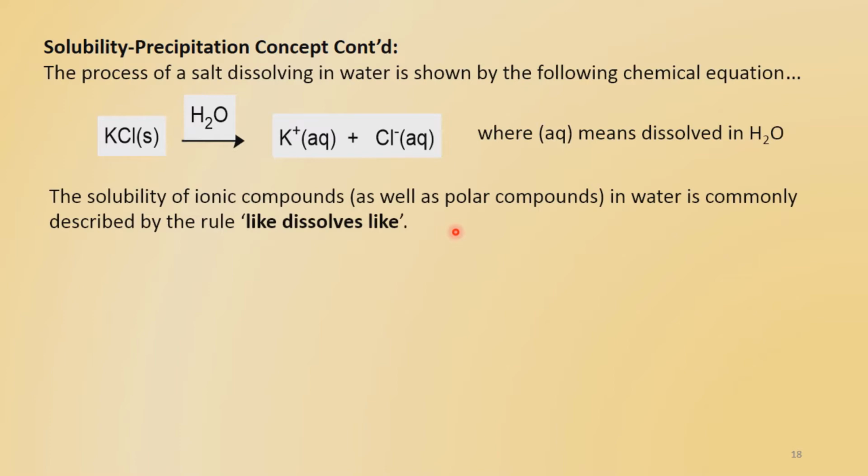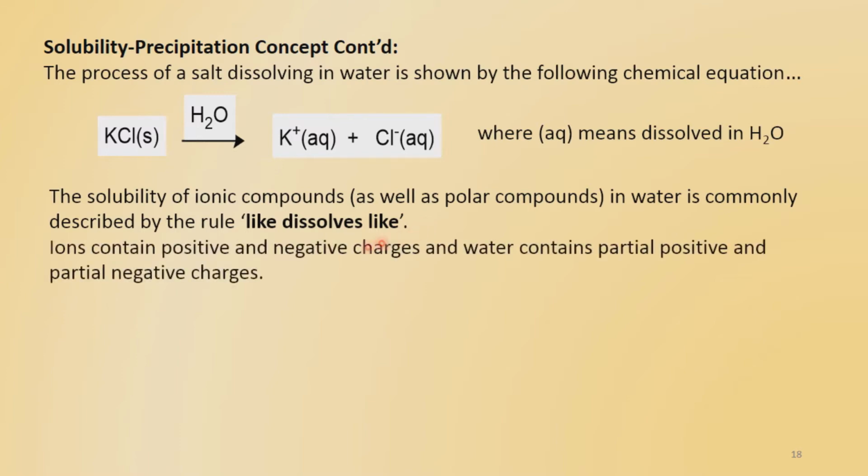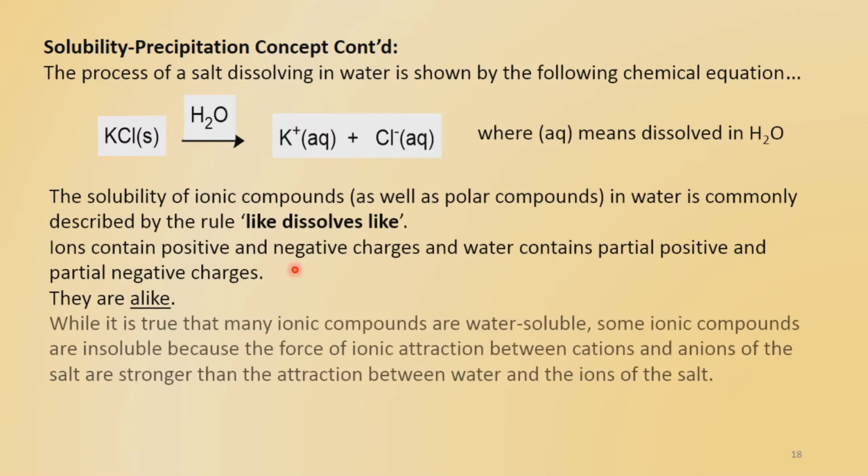The solubility of ionic compounds as well as polar compounds is commonly described by the rule like dissolves like. Ions contain positive and negative charges, and water contains partial positive and negative charges, and in that sense, although they're not identical, they are alike.